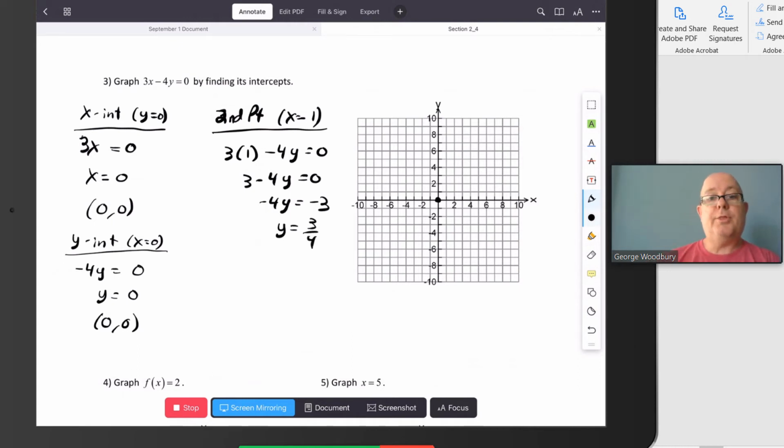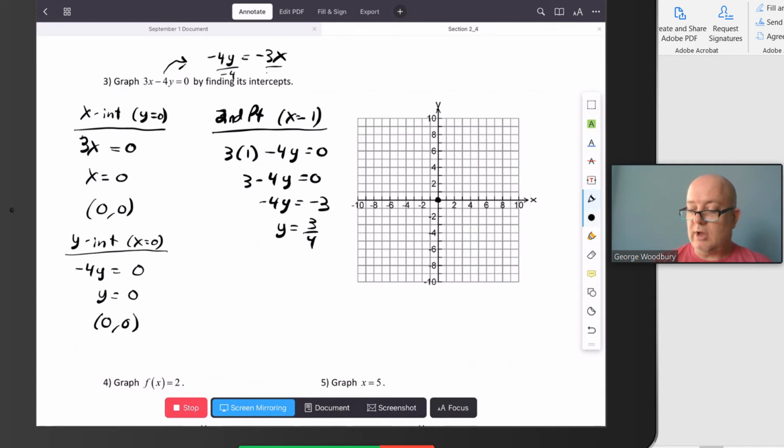So the ordered pair (1, 3/4) would be on here, but it's going to be tough for me to graph this accurately using the fractions. So what I can do is solve this literal equation for y, and that's going to give me some ideas about what kind of values I can use for x. So I'm first going to subtract over the 3x. -4y equals -3x.